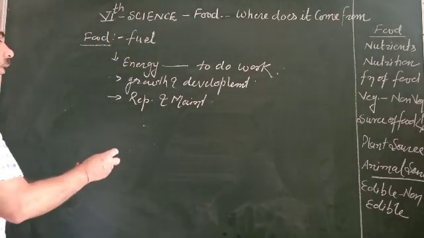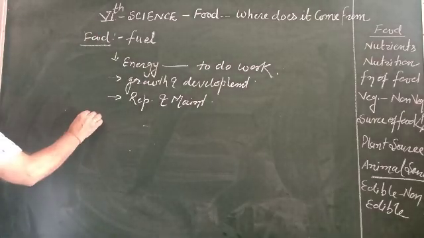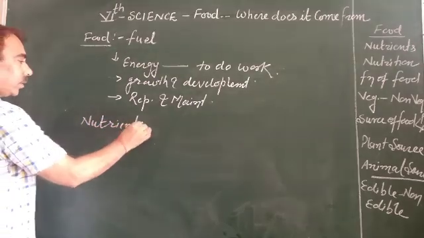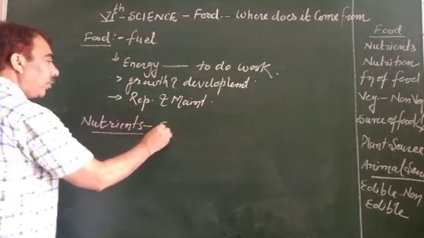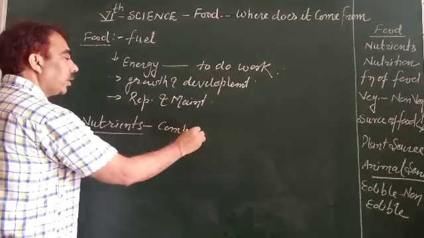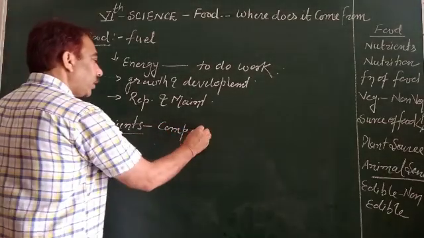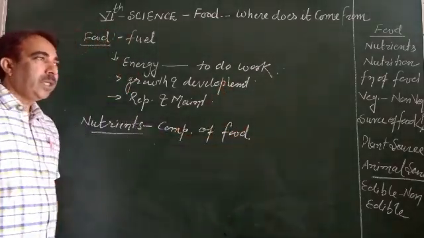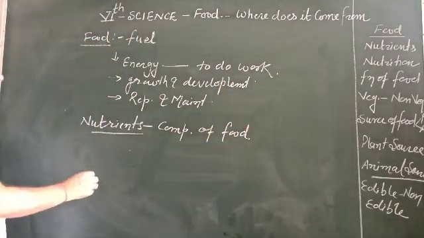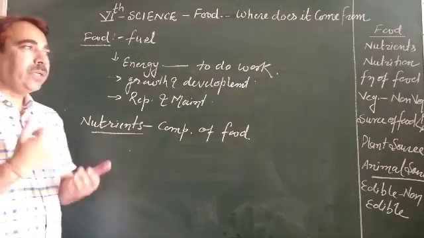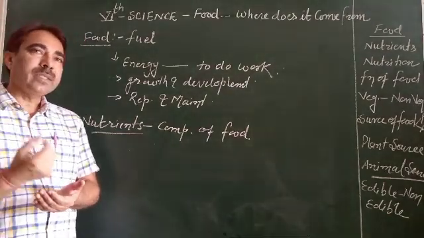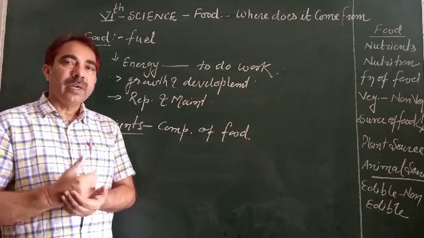Now, what do you mean by nutrients? Components of food are called nutrients. The components of food are carbohydrate. Carbohydrate is found in wheat, rice and other cereals.